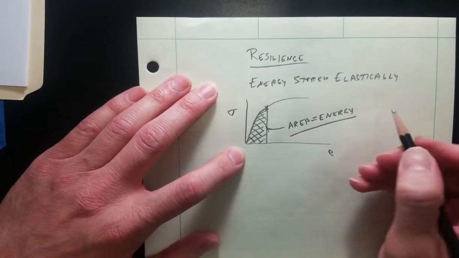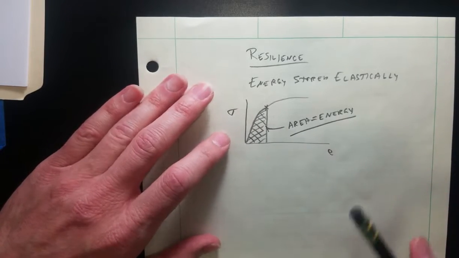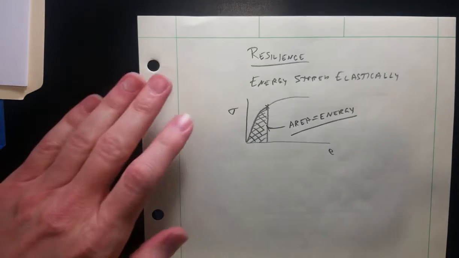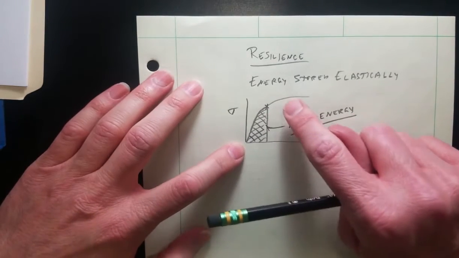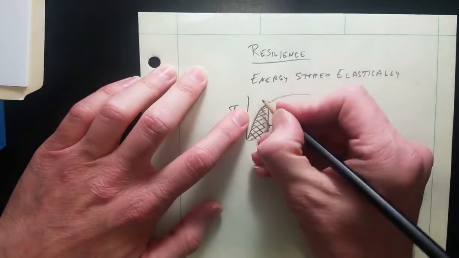And we talked about this in class, how this is because stress and strain are conjugate terms, so we wind up with an energy expression, or I guess in this case, an energy density. And we characterize the energy stored elastically, so that's why we're stopping at the yield point.